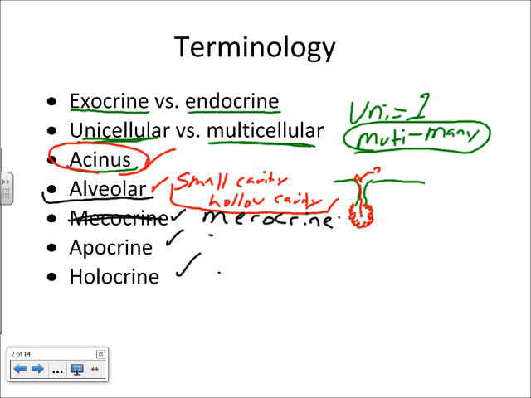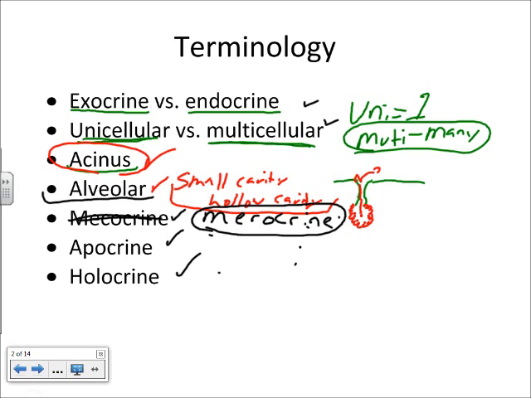These are terms that describe how glands release their secretions. I'll talk about these more specifically, and I'll make sure to spell this properly next time, once we have a better understanding of the glands themselves. Just be aware that this is new terminology that's going to be thrown at you.